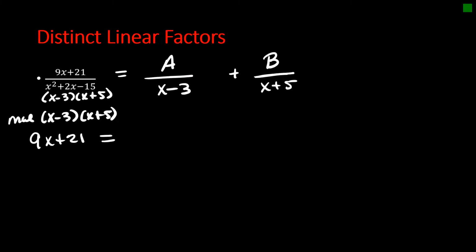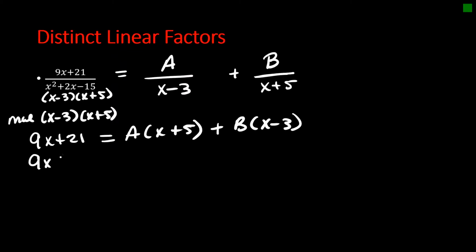When we look at A divided by x minus 3 and we multiply by that least common multiple, the x minus 3's cancel and we're left with A times x plus 5. If we look at B divided by x plus 5 and we multiply by that least common multiple, the x plus 5's cancel and we're left with B times x minus 3.